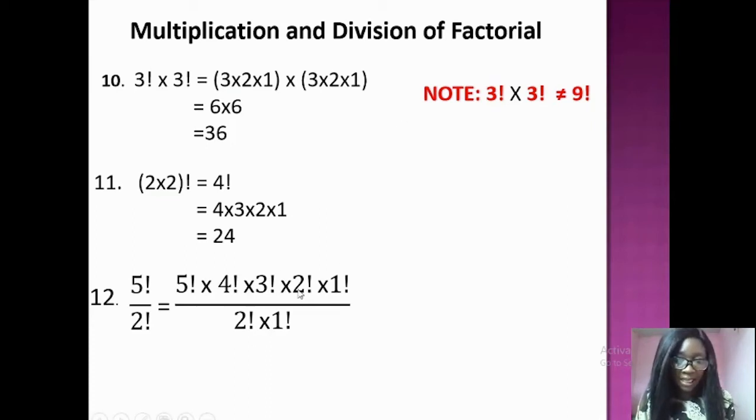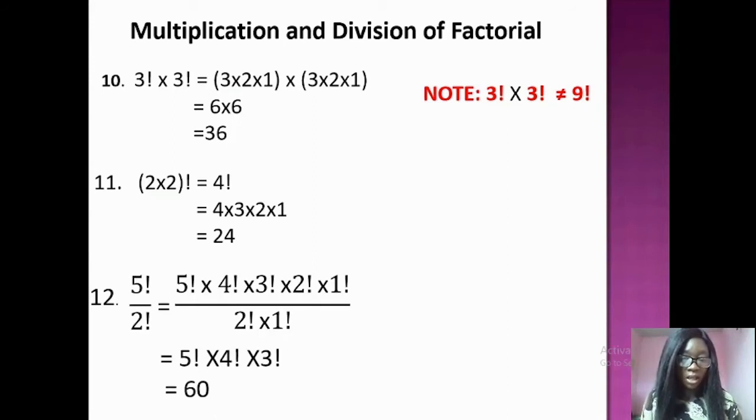So normally here you can just cancel the 2 factorial at the numerator and the other 2 factorial at the denominator, and cancel 1 factorial and 1 factorial. But let's just break it down for now. So let's just say 5 times 4 times 3, which is the remainder. So the 2 factorial and 1 factorial are gone because they cancel out at the numerator and the denominator. So 5 times 4 times 3 is equal to 60.